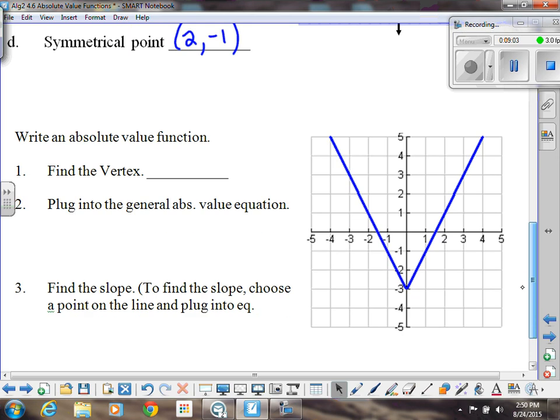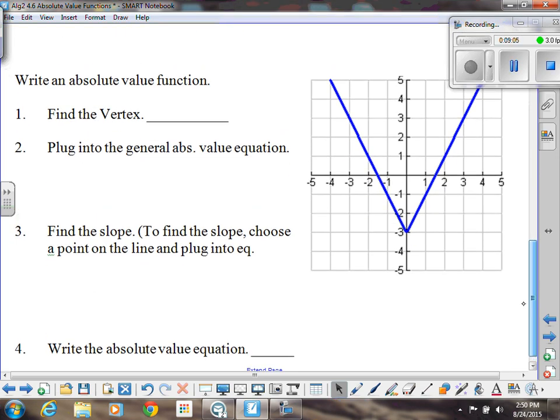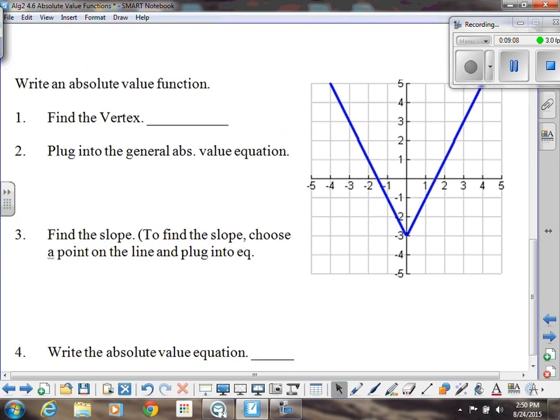Okay. And then one more. Now I'm going to give you a graph, and we need to write the equation. So again, we're going to start by finding the vertex. So the vertex of the V, where it switches, the bottom of the V is right there. So that point is 0, -3. All right, and we're going to plug that into the general equation.